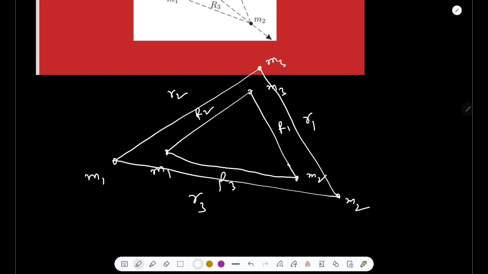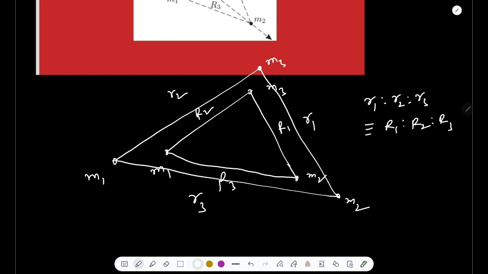So according to the conditions of the problem, at any moment of time the ratio of distances R1 is to R2 is to R3 remains equal to the ratio of initial distances R1 is to R2 is to R3.